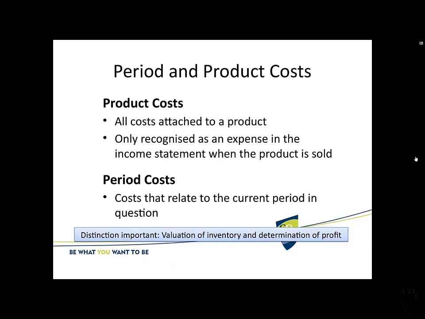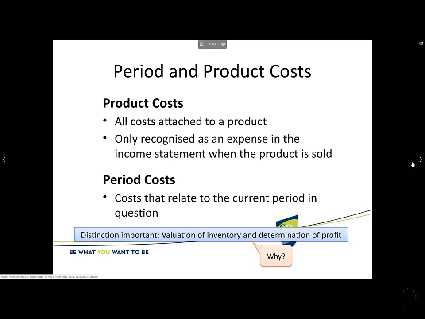If we put more of our costs into inventory and less into period costs, and inventory grows and it's sold next year, then our profit could be higher this year, depending on how we do that. And it's a judgment as to where we put the costs, in the product or period. Different people can make different judgments, and that will affect the value of inventory and the profit for the period. Key distinction in accounting.